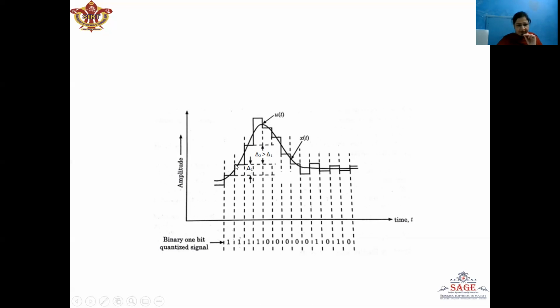So for every increase in the step in the approximated signal, the transmitted signal at the output is 1. And whenever there is a decrease in the approximated signal, then the transmitted signal here is 0. And now we can see as there is a decrease in the approximated signal, the step size goes on reducing as there is a sharp decrease in the amplitude of the message signal.